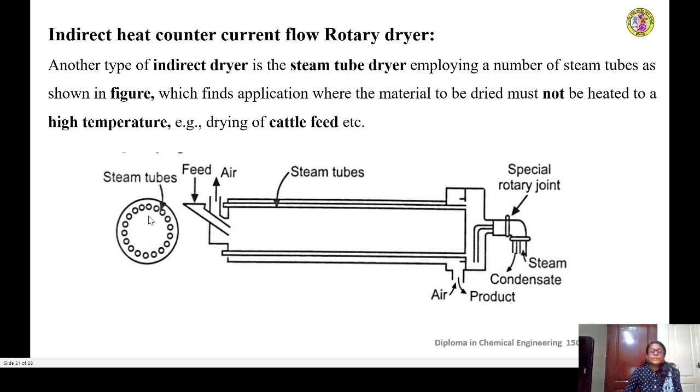The feed as usual will be flowing through the cylindrical shell. However, even though it is getting heated, it is not in direct contact with the heating medium, that is steam, which is flowing inside the steam tube. The rest of the construction is similar to the earlier design.